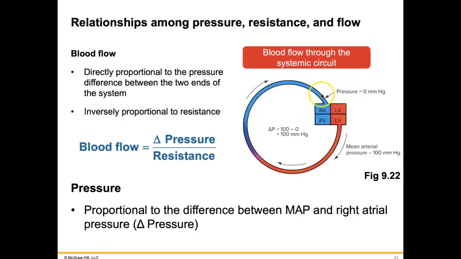And notice how as those veins, the vena cava, are bringing that blood back to the heart, the pressure changes to 0 millimeters mercury. So as we move through this system, the pressure is basically dissipating.